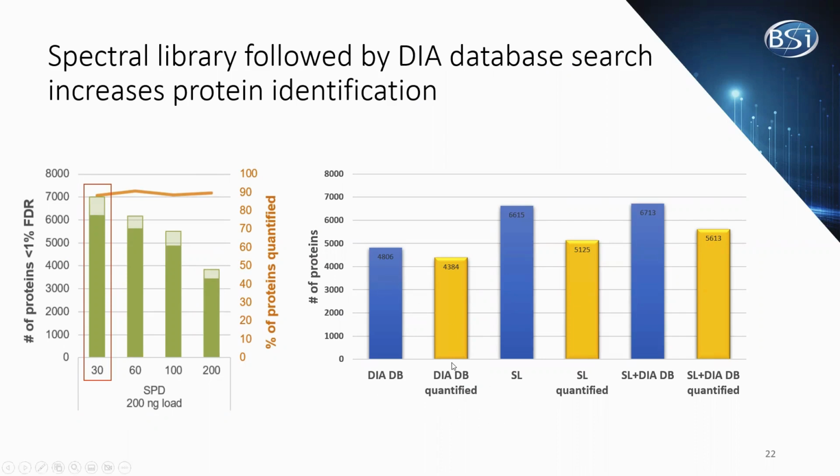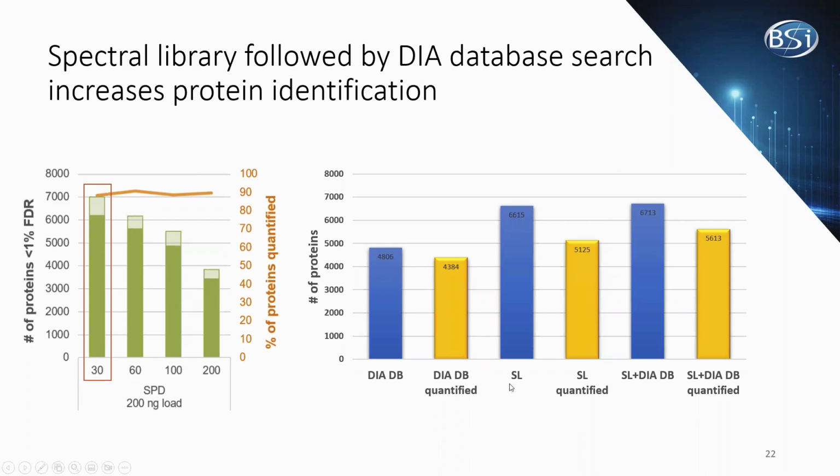So shown here is doing a direct DIA database search, so skipping the spectral library and just seeing how many proteins we can identify without the use of the spectral library. So this number was just over 4,800 proteins, and close to 4,400 could be quantified across 3 replicates.